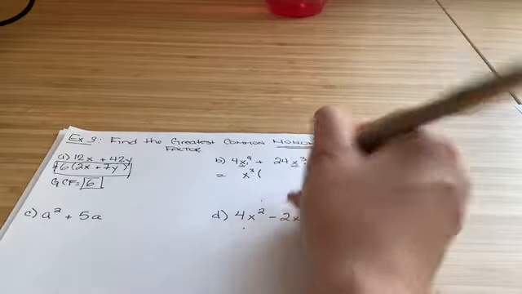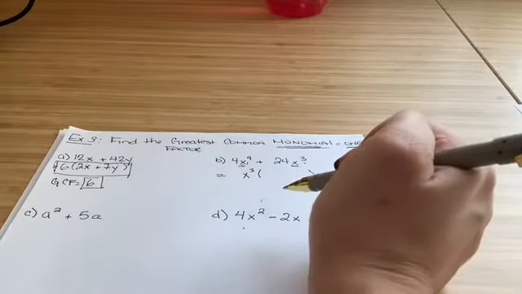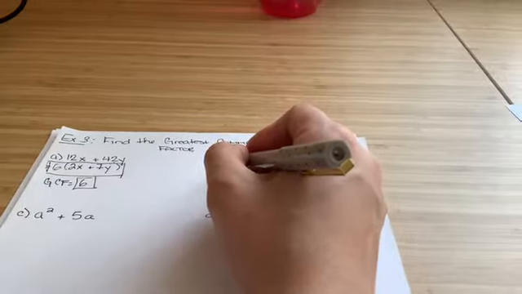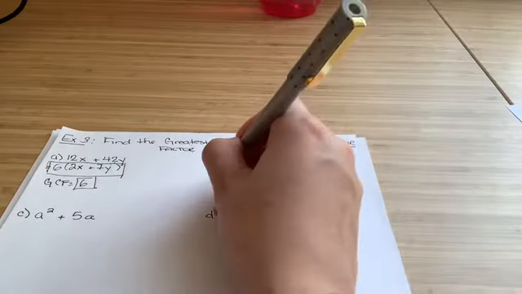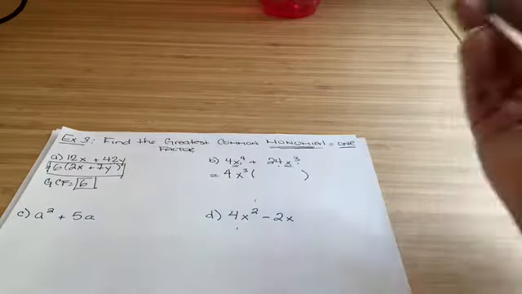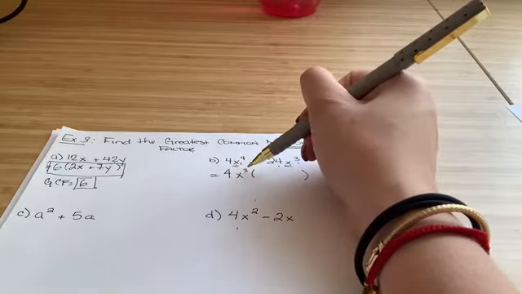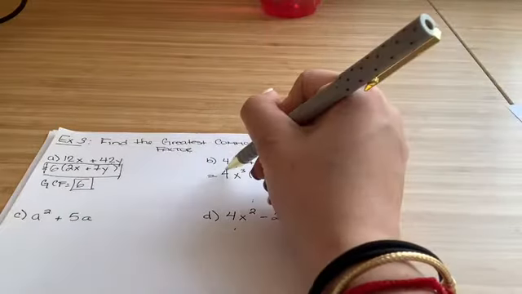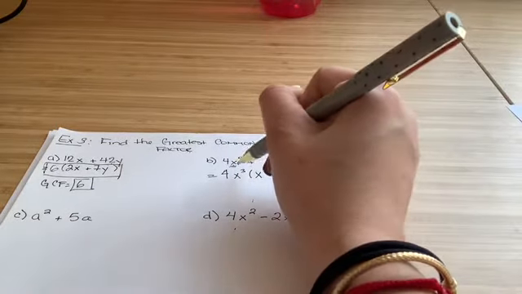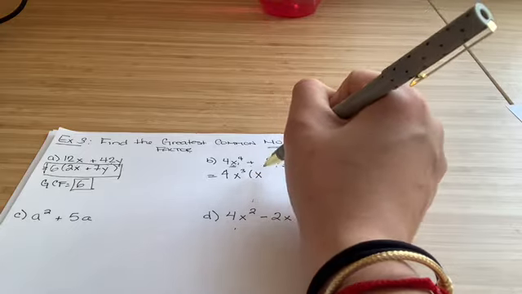I also know that 4 goes in evenly into 24. So take out your 4. 4 minus 3, I'm left with 1x, because when I distribute, there's a 1 understood here, okay?